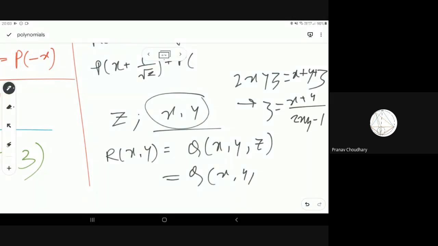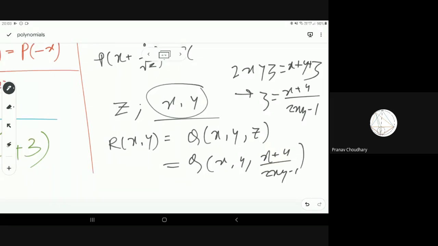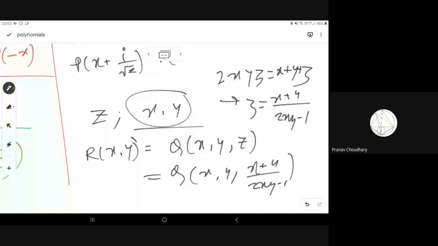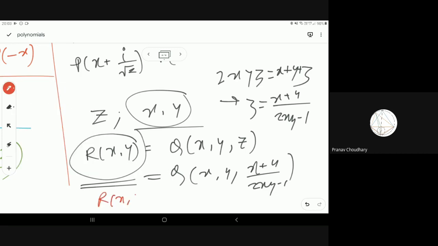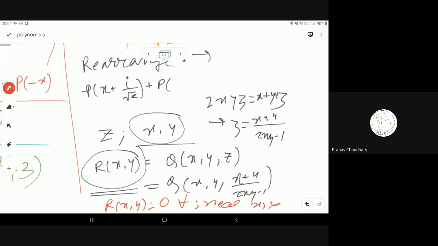So this is again r of x comma y, a polynomial with real coefficients, right? And this tells you that r of x comma y is equal to 0 for all real x comma y, right? So r of x comma y must be identically 0 for complex x, y as well, right?